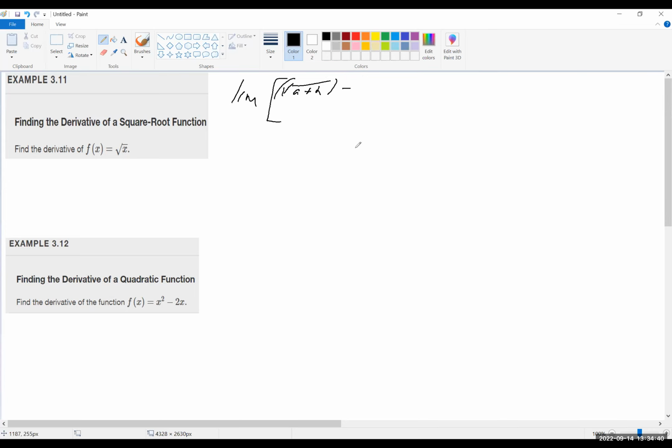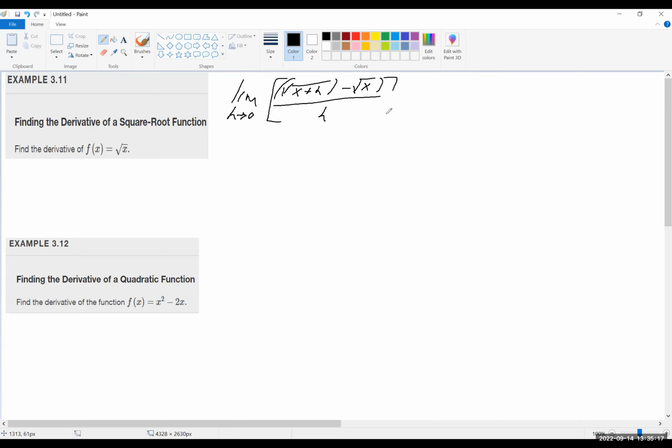So slight modification here. If you go back and look at the formula, you'll find that it's x plus h that we have now. This is still as h approaches 0, minus square root of x, over h, because that's f of x over h.